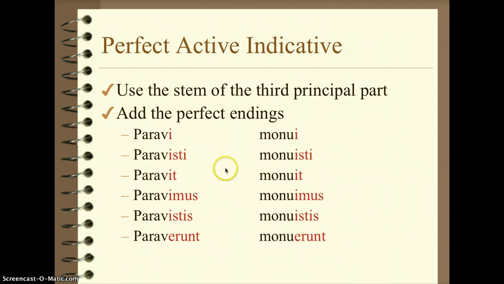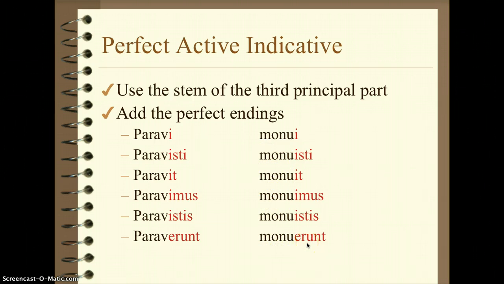All right. There's another verb. Maneo, manere, manui, mansus. Now we're focusing on manui, the third principal part. To find the stem, if you remember, you take off this I. And that's the stem. That's why they all start with manu. Manu, manu, manu, manu, manu. Those are the stems in the perfect. Perfect stems.